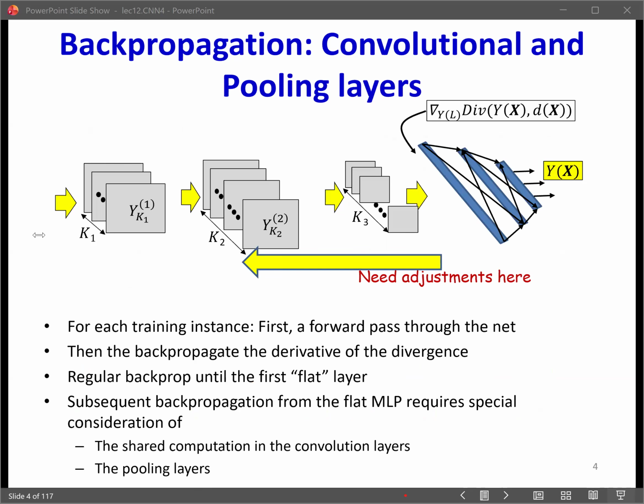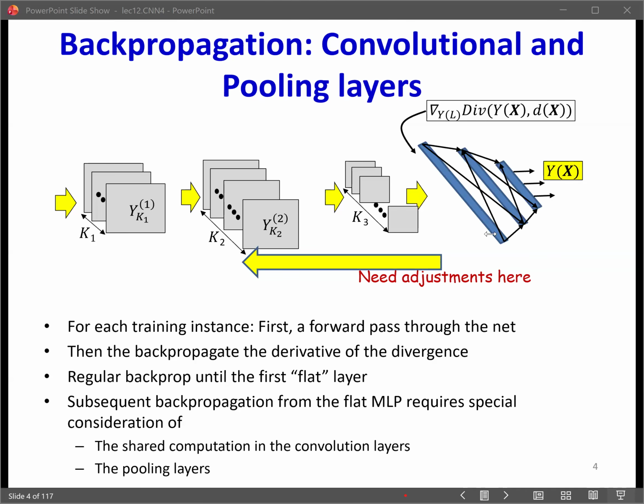So when you train a CNN of this kind, a CNN typically has several convolutional and pooling layers. The output of the final of these layers is typically flattened and passed through an MLP or maybe just a simple softmax. And so when you want to train the network, for training the convolution and pooling layers, you pass each training instance through the net. You compute a divergence between the output of the net and the desired output of the network, and then backpropagate derivatives going backwards through the network.